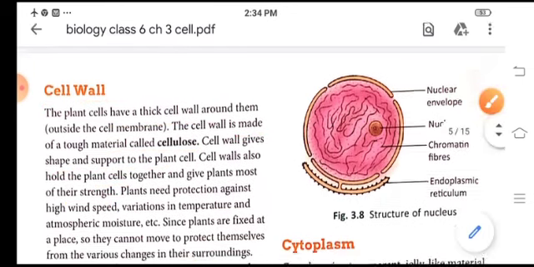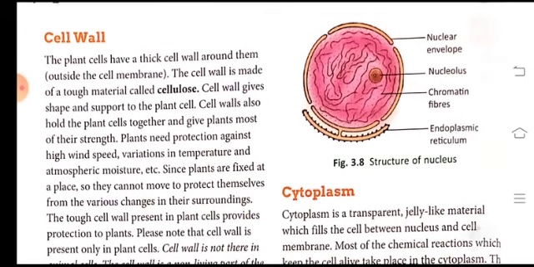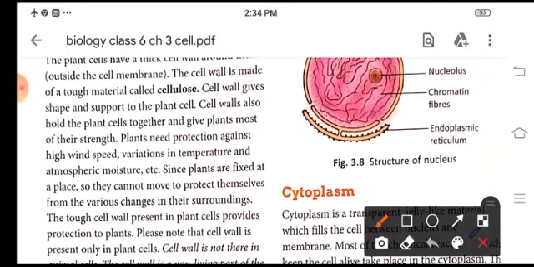Plants need protection against high wind speed, variations in temperature, and atmospheric moisture. So these plants are fixed in place and they cannot move from one place to another to protect themselves. Like us children, we can move from one place to another for protection, for the shade, but plants cannot.